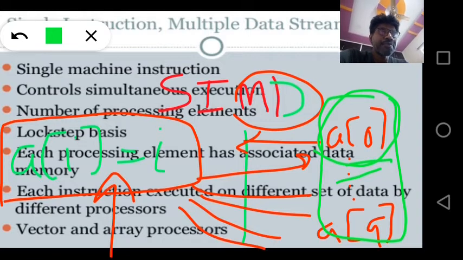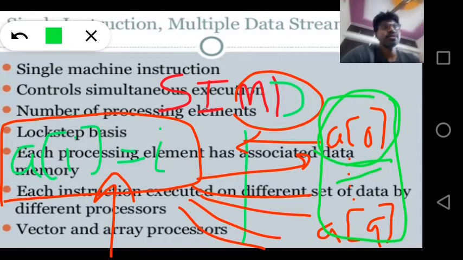In your computer lab, in your college or institute, if your tutor or instructor asks you to write a program to assign values to the array elements, definitely you would use a for loop, because all those computers are uniprocessor computers or single processor computers.